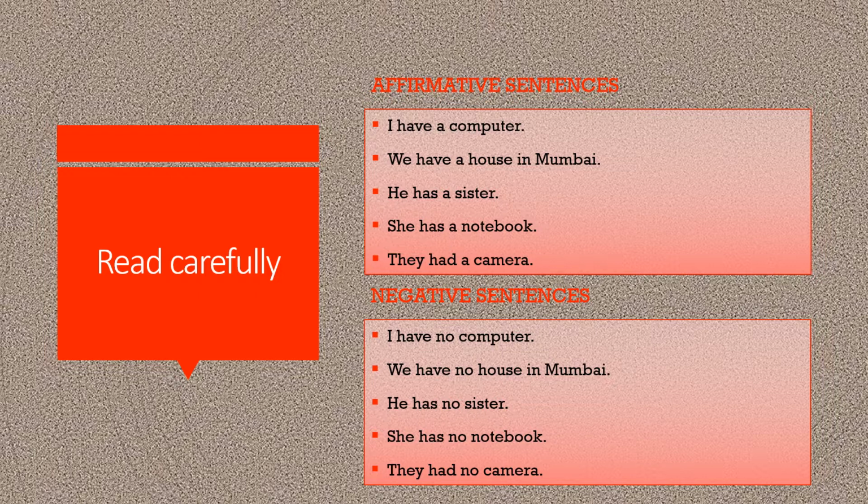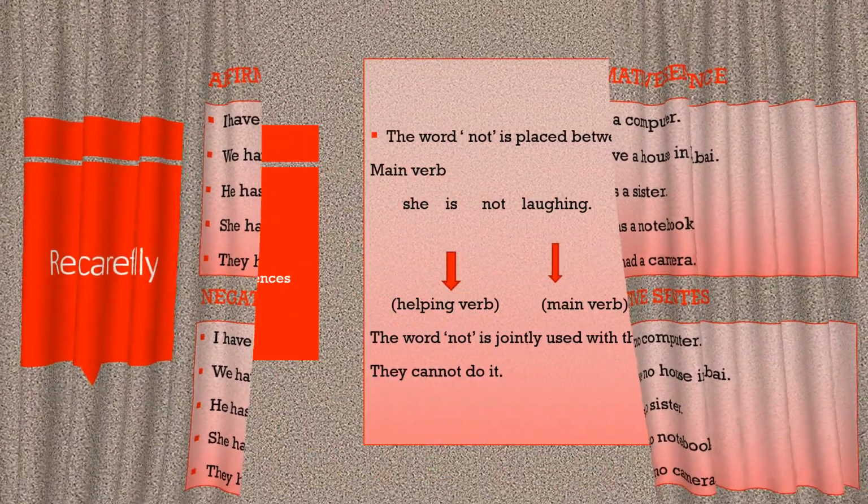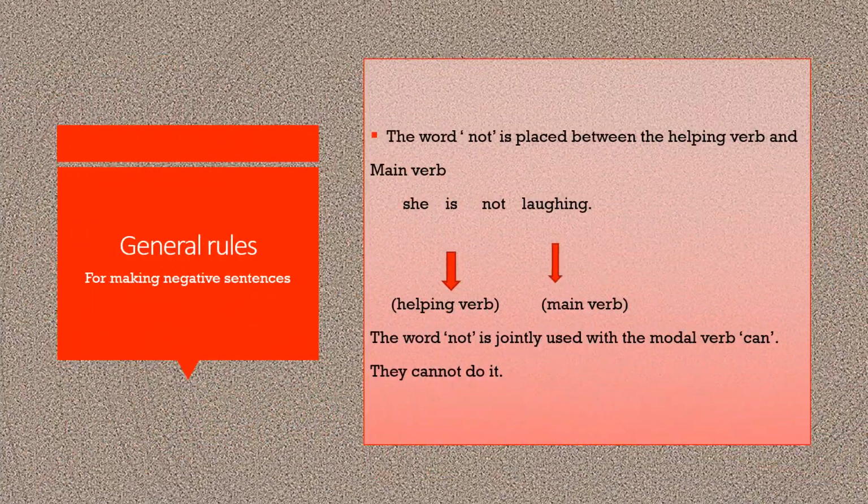Now, we will read these type of sentences. We will see general rules for making negative sentences. First one is the word not is placed between the helping verb and the main verb.